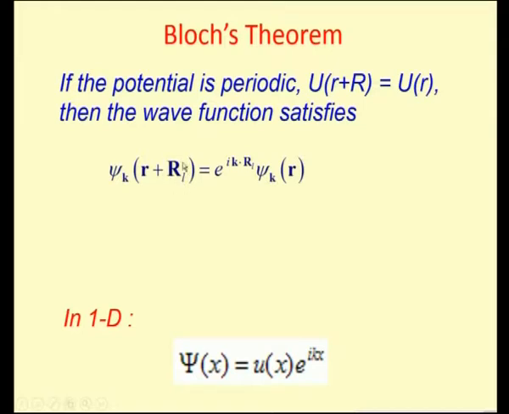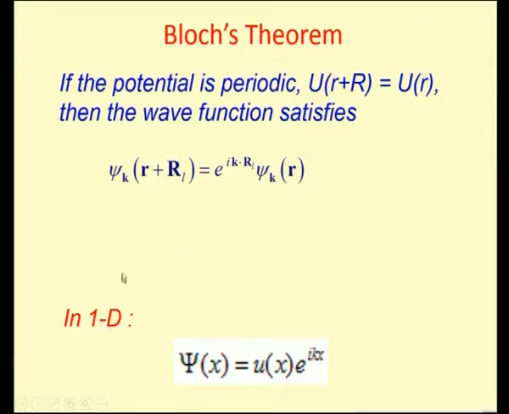Here, after some lattice vector R, the wave function goes as a plane wave times psi k of small r, where this e to the power i k dot capital R refers to the periodicity after every R here, and small r of course is the distance or the position within the well, or within one period of length.